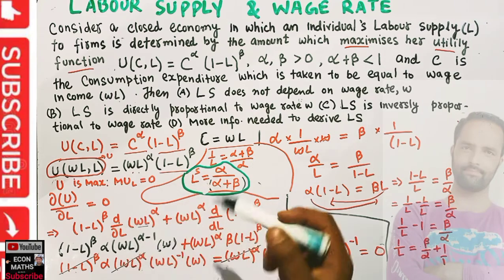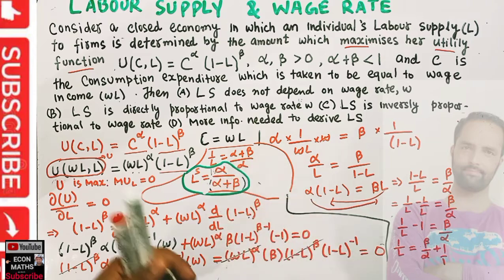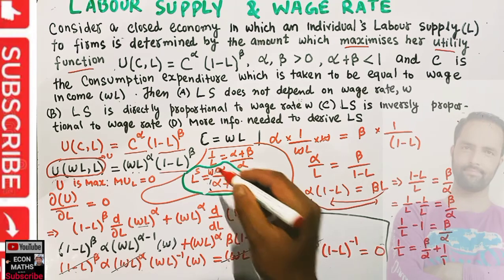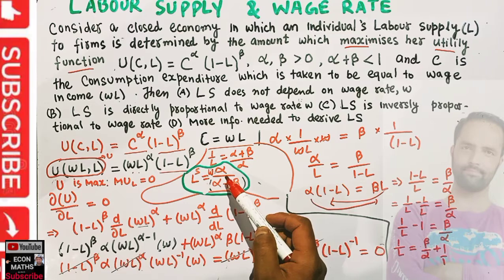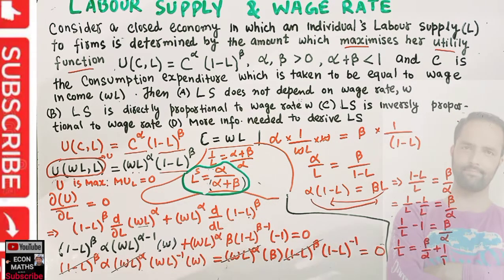By similar logic, if we got W in the numerator, which we did not get, I am just saying, then we could have said that labor supply is directly proportional to the wage rate. But we did not get labor supply in terms of the wage rate, so we can say that labor supply does not depend upon the wage rate.